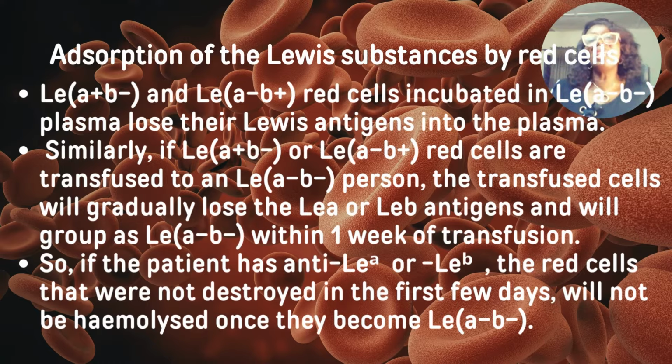So if the patient has anti-Lewis A or anti-Lewis B, the red cells that were not destroyed in the first few days will no longer be hemolyzed once they become Lewis A minus and Lewis B minus. This particular phenomenon has implication for transfusion medicine.